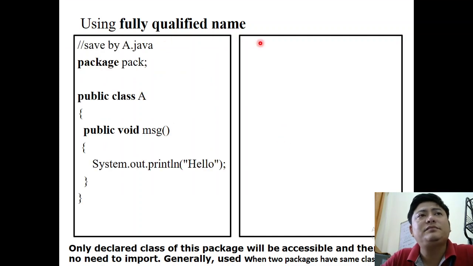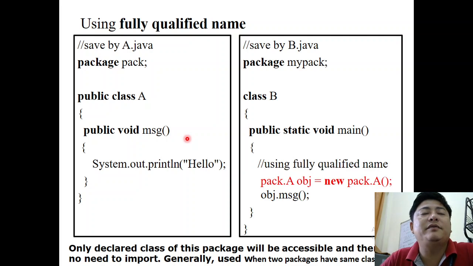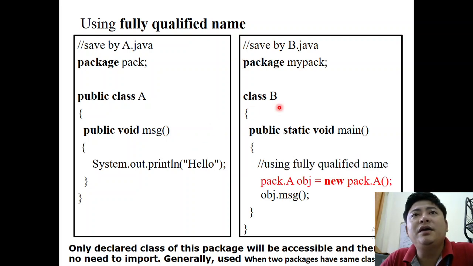The situation is the same. We have a pack under which we have a class file and some methods. Here you can see that there is no import statement, but still I have created the object of class A by specifying the fully qualified name. Fully qualified name means you have to specify the name of the package dot name of the class file. If there is a sub package, the name of the sub package also you need to specify that way.